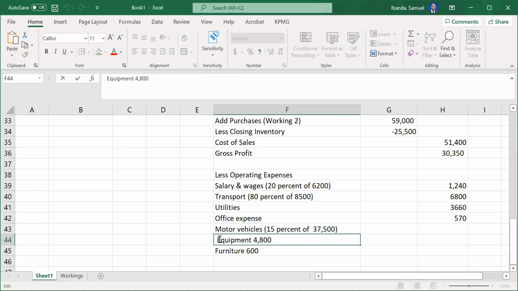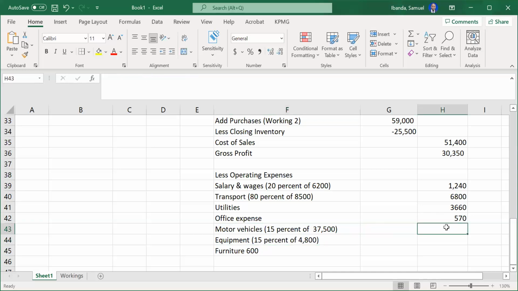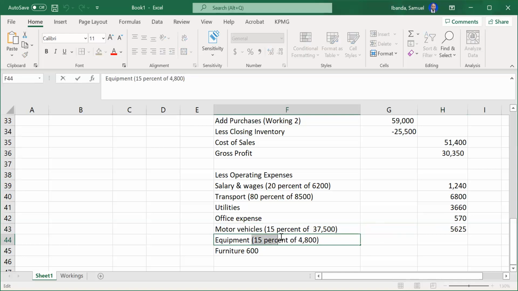Can somebody compute and give me the figures? What is 15% of that value? 5,625. 5,625. What about the next one? Right now, you should have calculators ahead of the exam. 720.